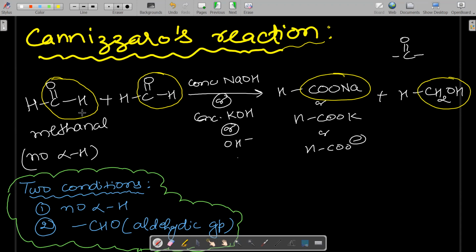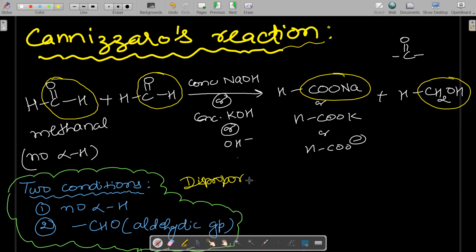So what you are observing is that out of 2 identical molecules, one is getting oxidized and the other is getting reduced. So this type of reaction is called a disproportionation reaction.